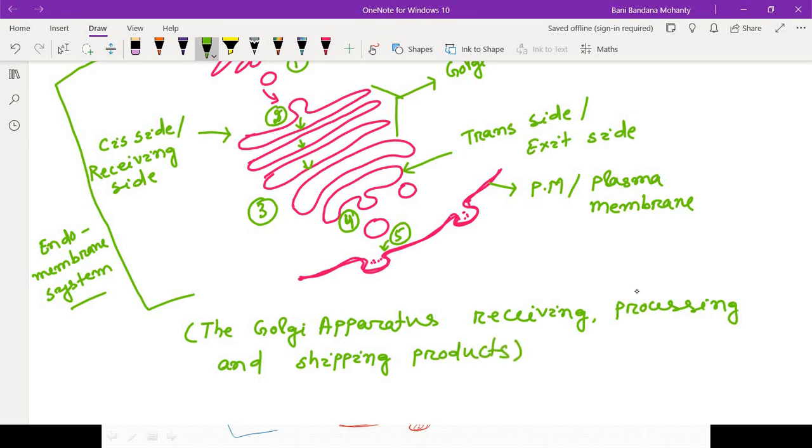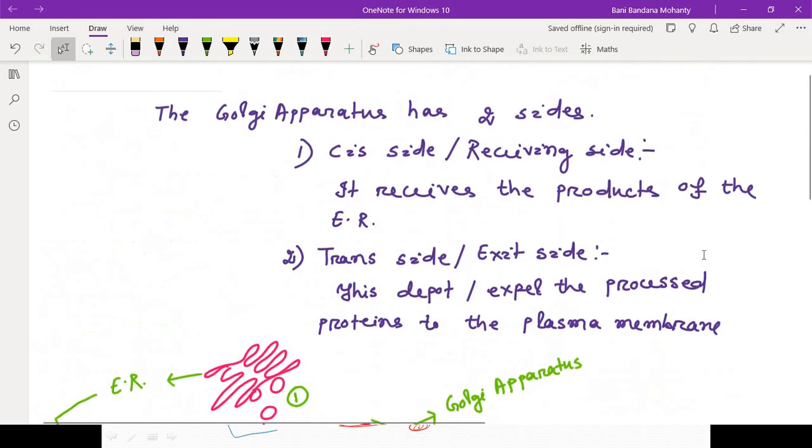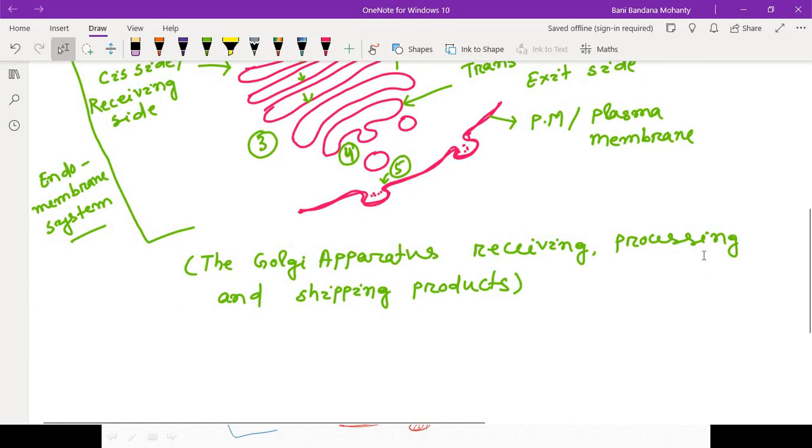This is all about the Golgi apparatus system. I hope it is clear now. Thank you.